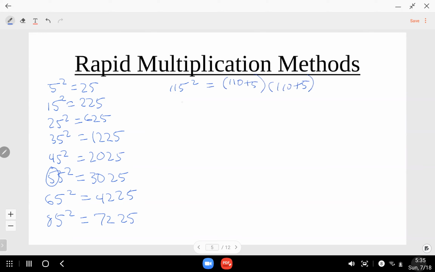And then you see here it's basically 110 times 120 plus 25. And that is exactly like Sophia's formula, 11 times 12 times 100 plus 25. Okay. And that is basically 132, 100 plus 25, 132.25. Very good.